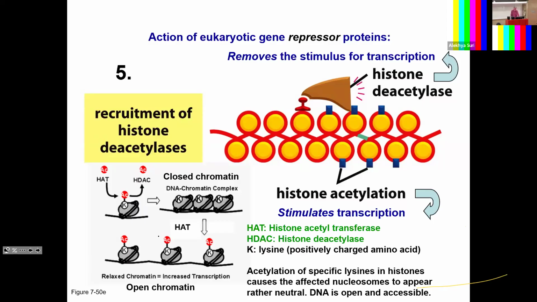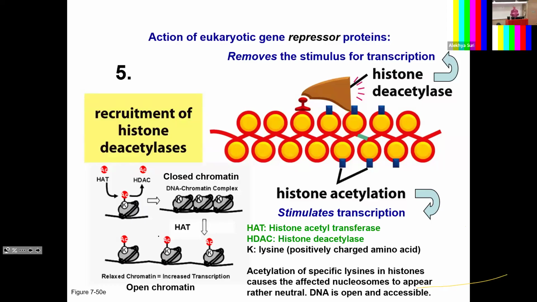So on the left side, you can see, for example, the closed chromatin, where you have histone acetyltransferases. They will transfer acetyl groups to specific lysines in the histones, and there are numerous of these histone acetyltransferases.